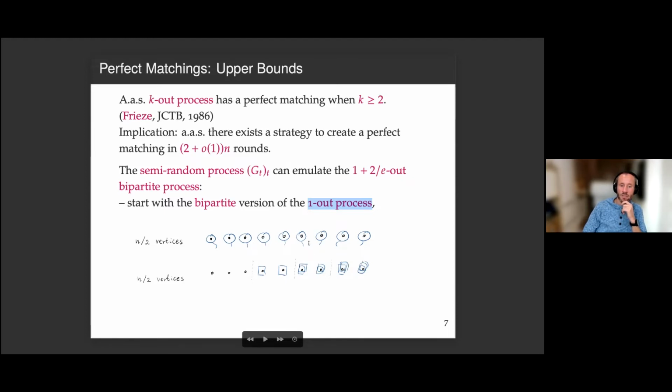If the square lands on the top, maybe I don't reveal the information where it is, but all I know is it's at the top, I connect to the first unsaturated vertex at the bottom. So if the square lands here, I just go one by one, keep putting square circles on top, and if something lands at the top, I'm selecting squares one by one from the bottom.